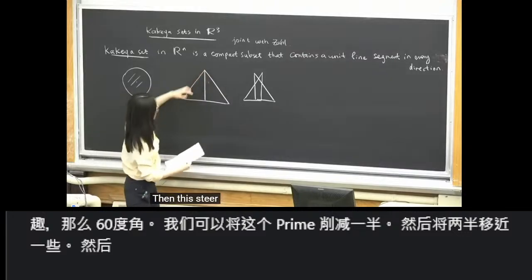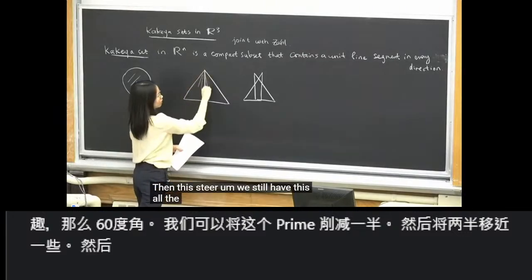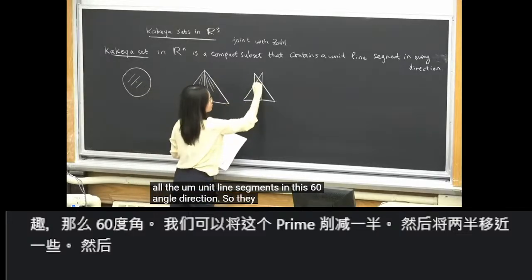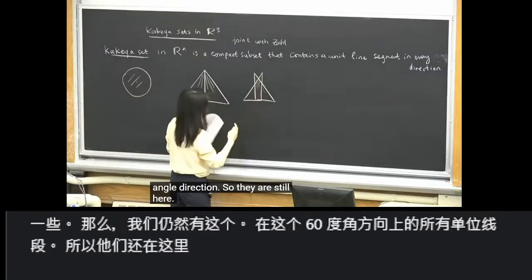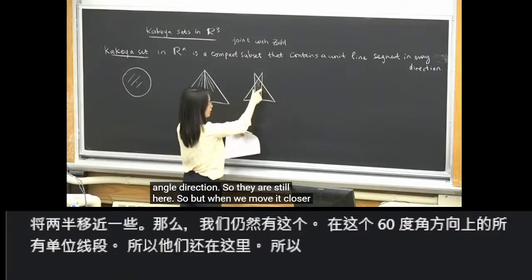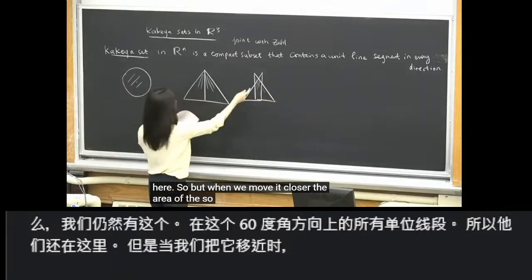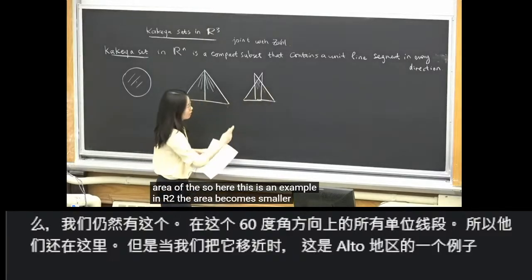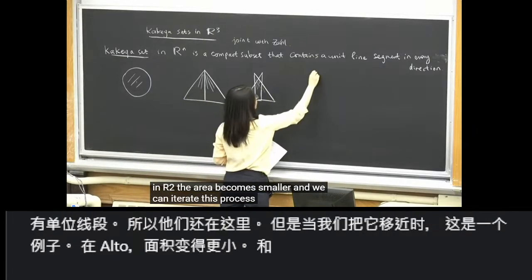We still have all the unit line segments in this 60-degree angle direction, so they are still here. But when we move it closer, the area, in this example in R2, becomes smaller. And we can iterate this process.